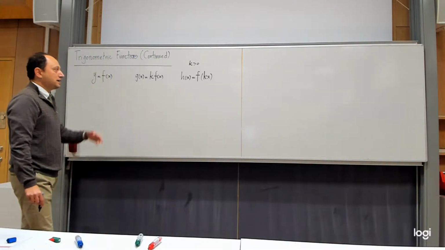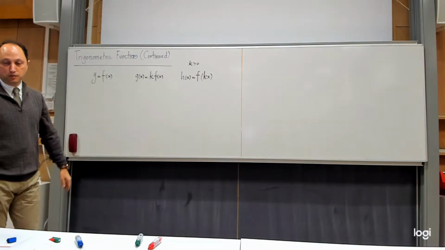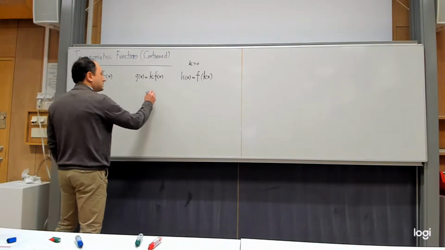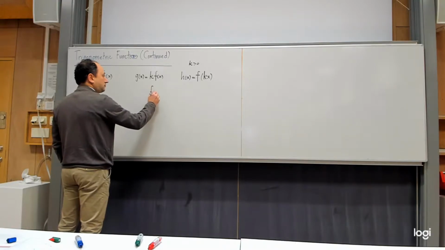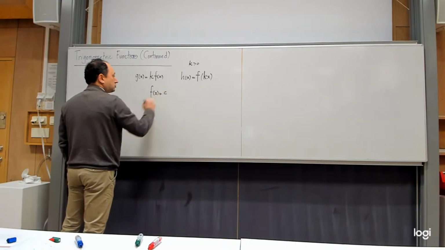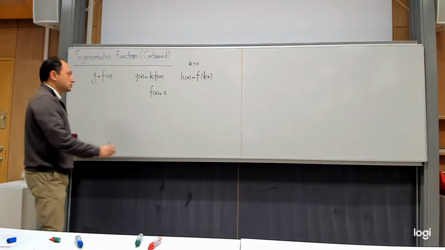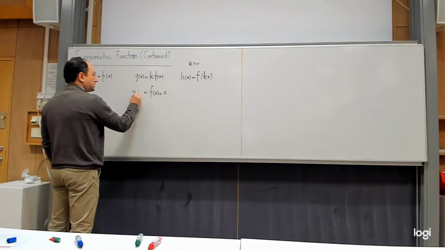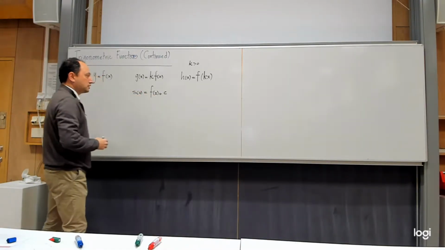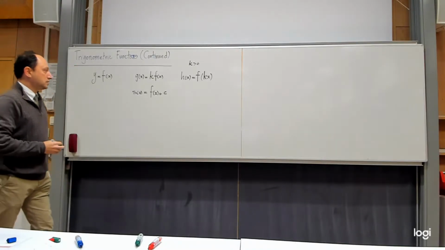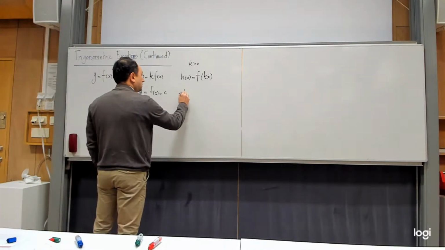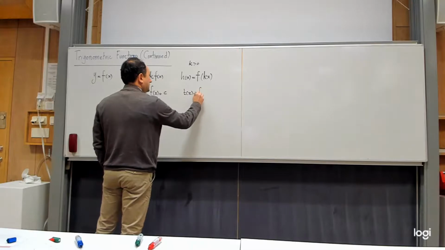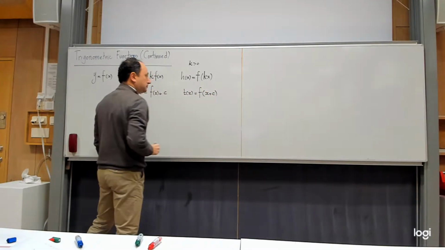Then we have two more questions, which will be the topic of the next lesson. What happens if I add a number to my function? Let me call it s of x. This is also a new function. And finally, let me call it t of x: what happens if I add a number to the input?